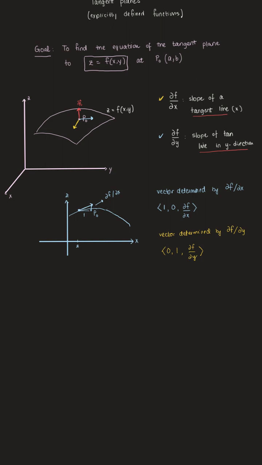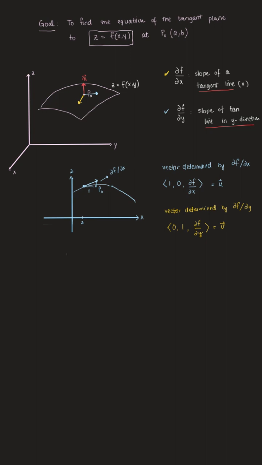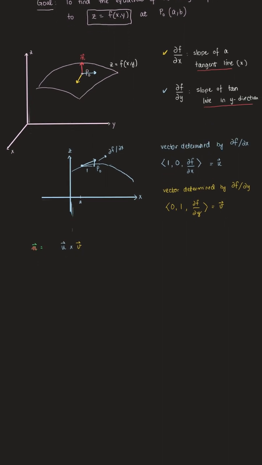Let's call our first vector u and our second vector v. And so our normal to the plane, n, is going to be the cross product of these two vectors, u cross v. Now we can find that normal vector. Once we have the normal and we have a point, we can find the equation of our tangent plane.